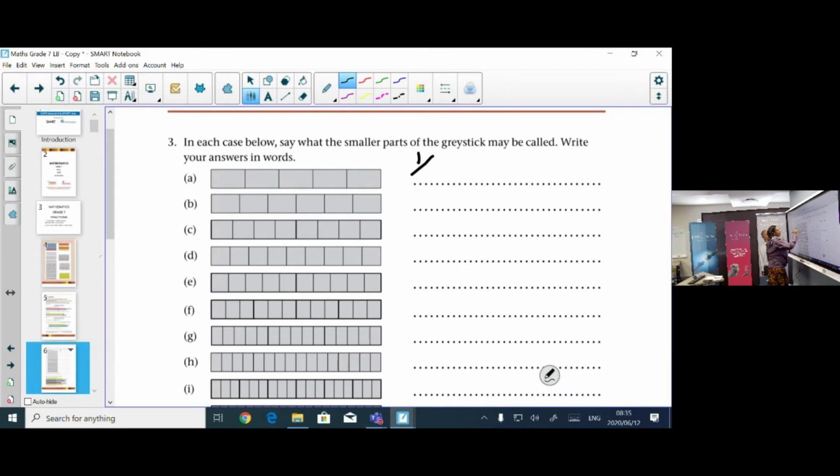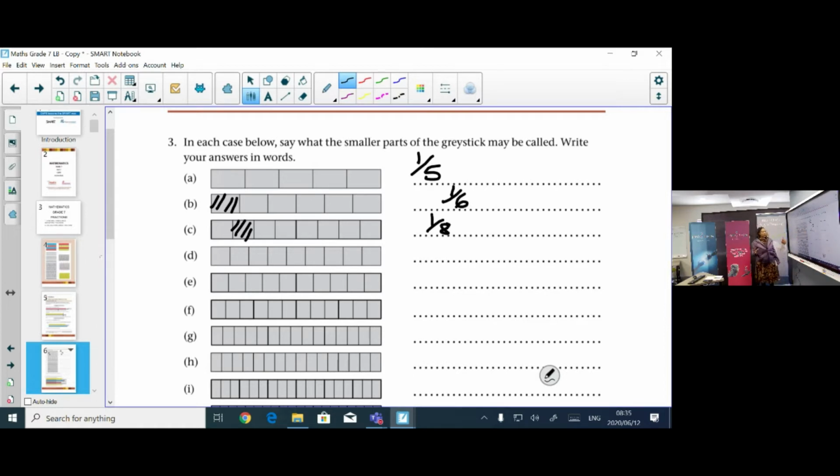I prefer to write them as fractions, so that is 1 out of 5. Here there are 1, 2, 3, 4, 5, 6, so the smallest part will be 1 out of 6. This one, 1, 2, 3, 4, 5, 6, 7, 8, the smallest part will be 1 over 8.